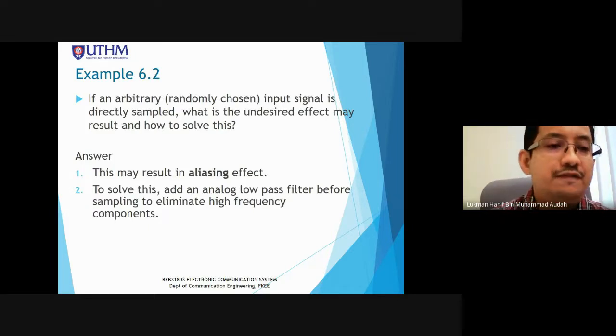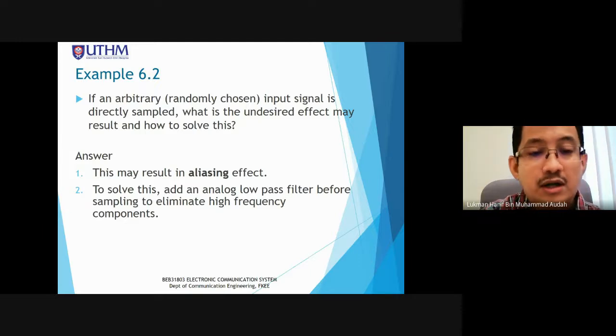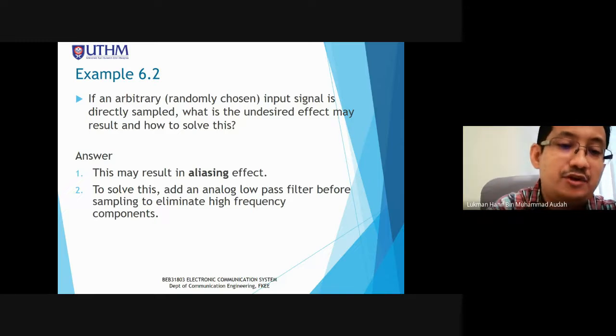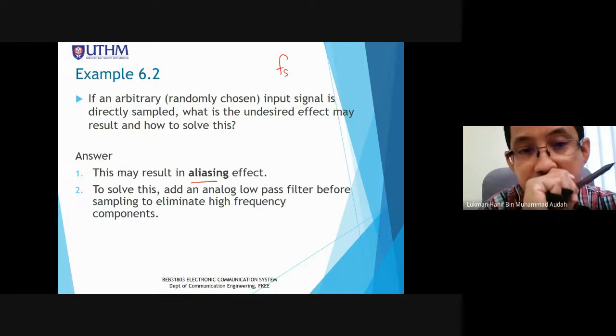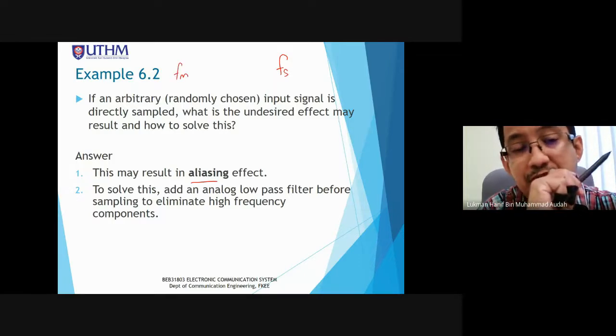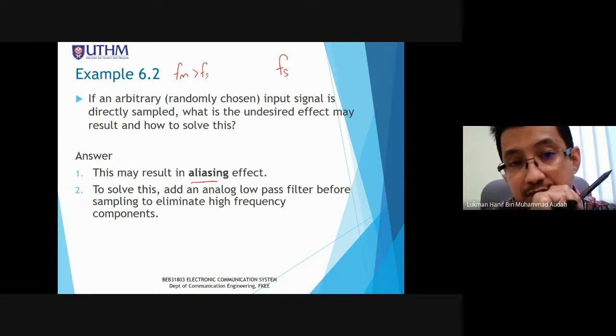Okay. And example 6.2, this is about again sampling rate. So it is said that if arbitrary randomly chosen input is directly sampled, what happen? Kalau kita ada sebarang input yang tidak dikawal dia punya frekuensi, maka akibatnya akan berlakulah aliasing phenomena. Okay, kalau kita dah tetapkan nilai Fs, and we did not control the input frequency, there might be a possibility that the input is more than the Fs, menjadi lebih besar.